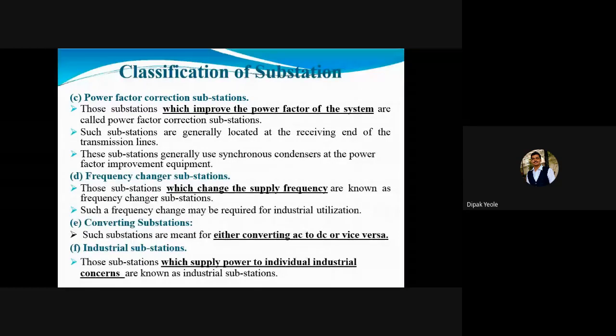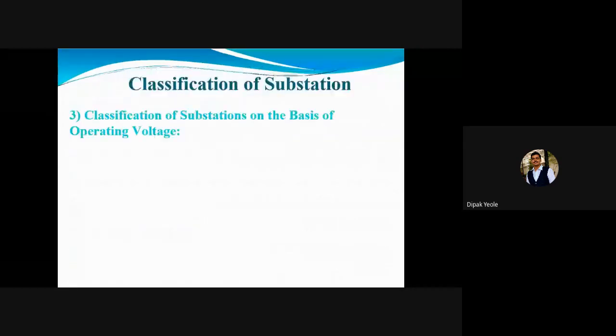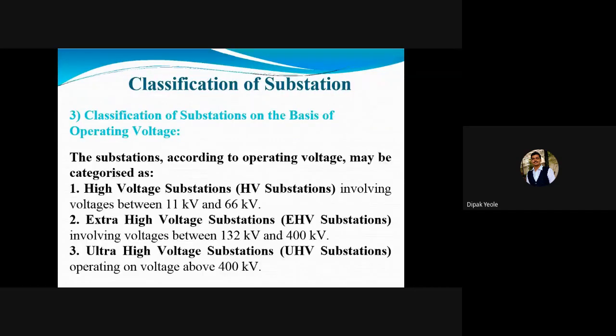Yes. So what is the third word? The third word stands for voltage, V. So depending on the operating voltage, the substation can be divided into three types: high voltage substation, extra high voltage substation, and ultra high voltage substation. So what is the meaning of high voltage substation? One can say between the range of 11 kilovolt to 66 kilovolt, it is called a high voltage substation. If we are using beyond 66 kilovolt, let's say 132 to 400 kilovolt, it is called the extra high voltage.